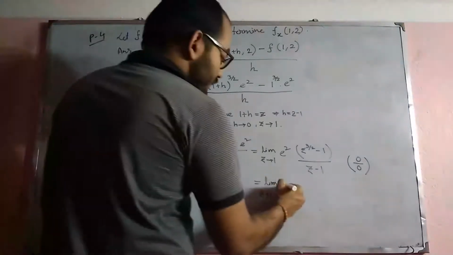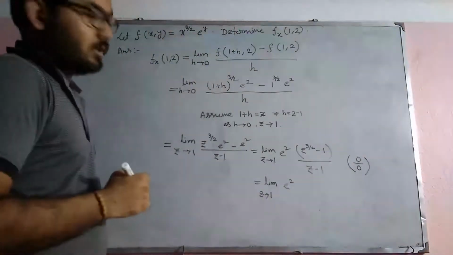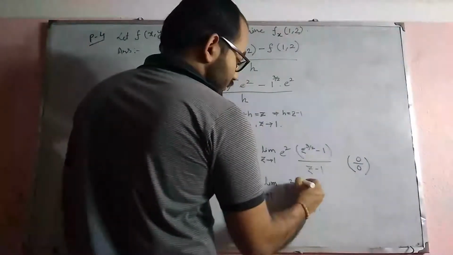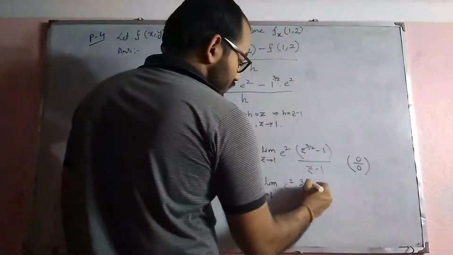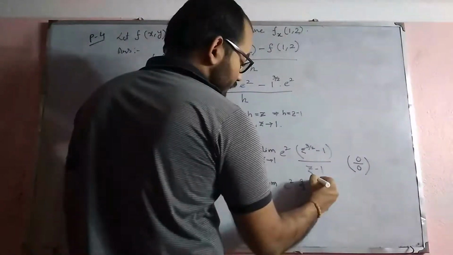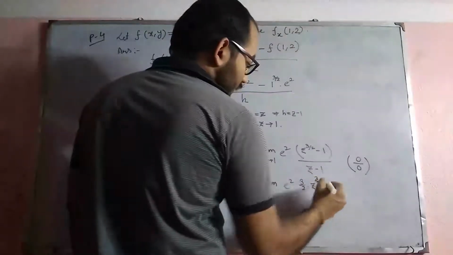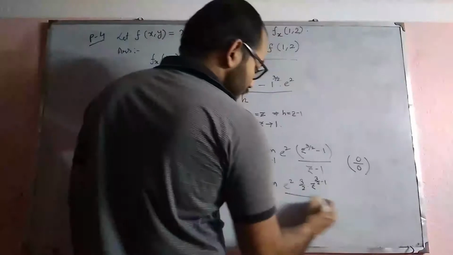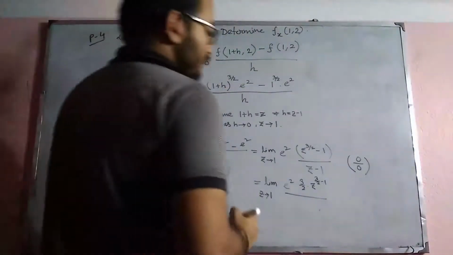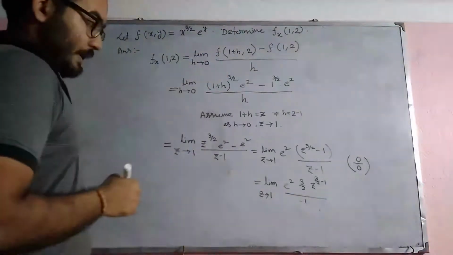If we differentiate the numerator, we get 3 by 2 into z to the power 3 by 2 minus 1, and if we differentiate the denominator, this is only 1.